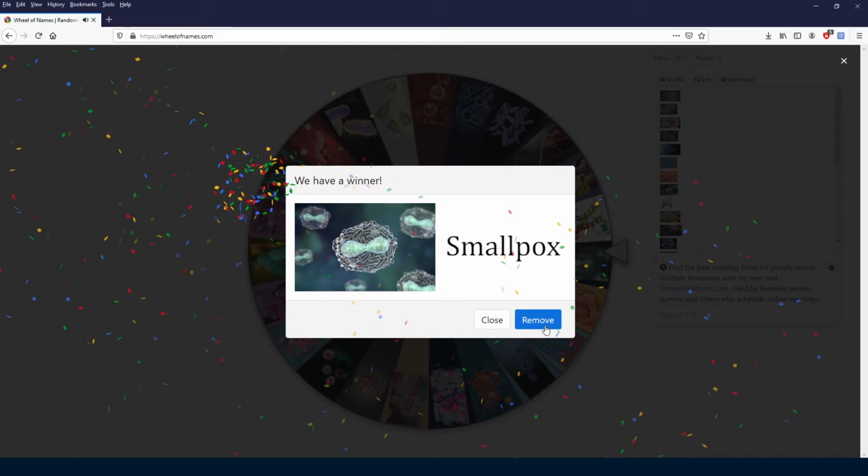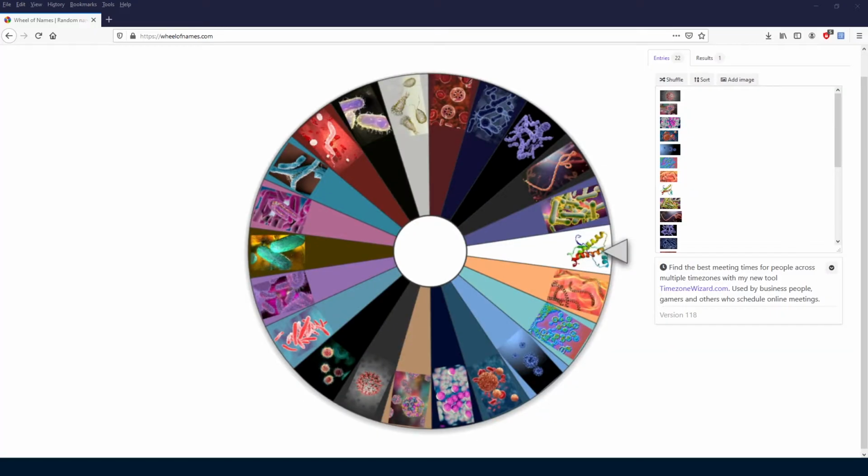So, smallpox. You can get it from infected droplets through close contact with an infected person, sometimes from contaminated clothing and bedding. So the incubation period varies from 7 to 17 days.